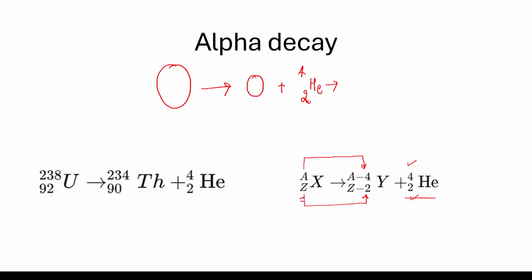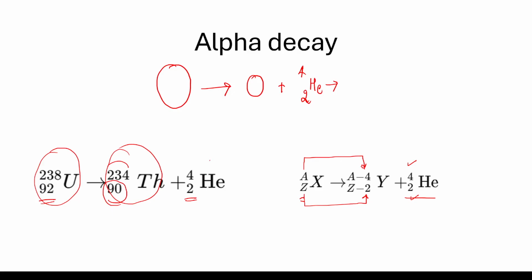This uranium U-238 nucleus, which has 92 protons, after emitting an alpha nucleus, has changed into thorium of 90 atomic number and 234 mass number. So a larger nuclei has converted into a smaller nuclei by emitting an alpha particle.